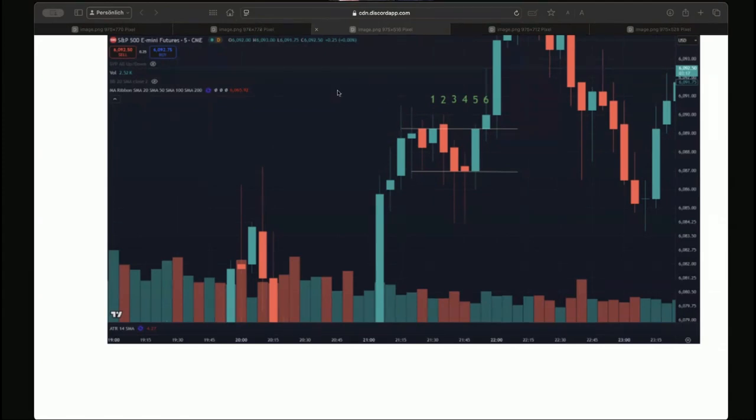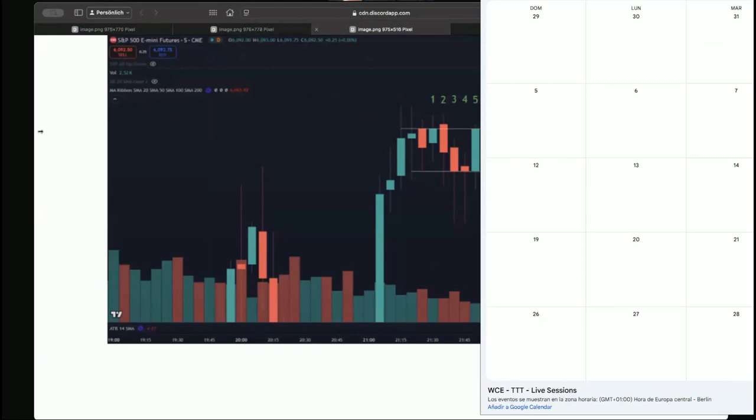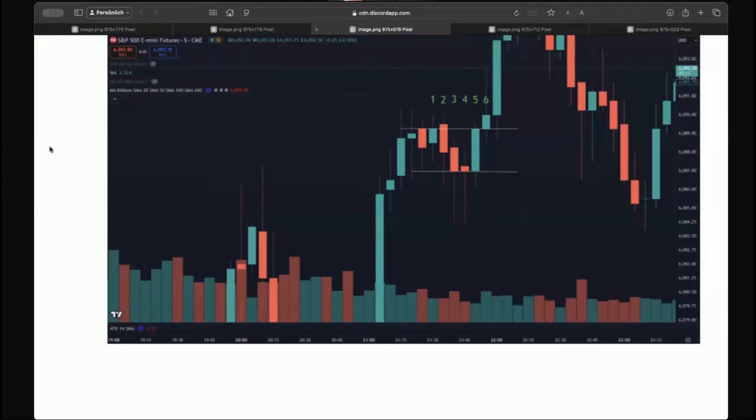Yeah, perfect. Here I'm just trying to follow the logic behind the P shape. So let me check if I can draw. We can see that the upper boundary goes through the close of the candle 1. After this, we have two lower closes.